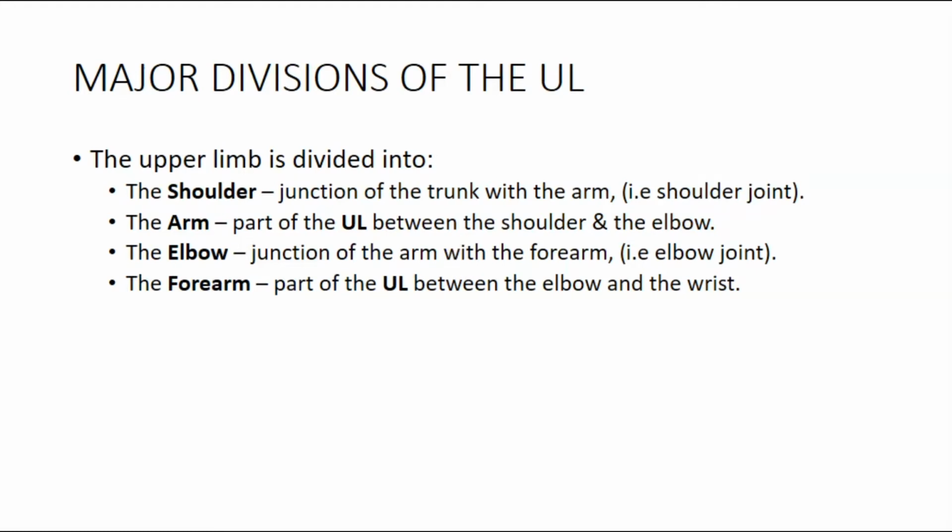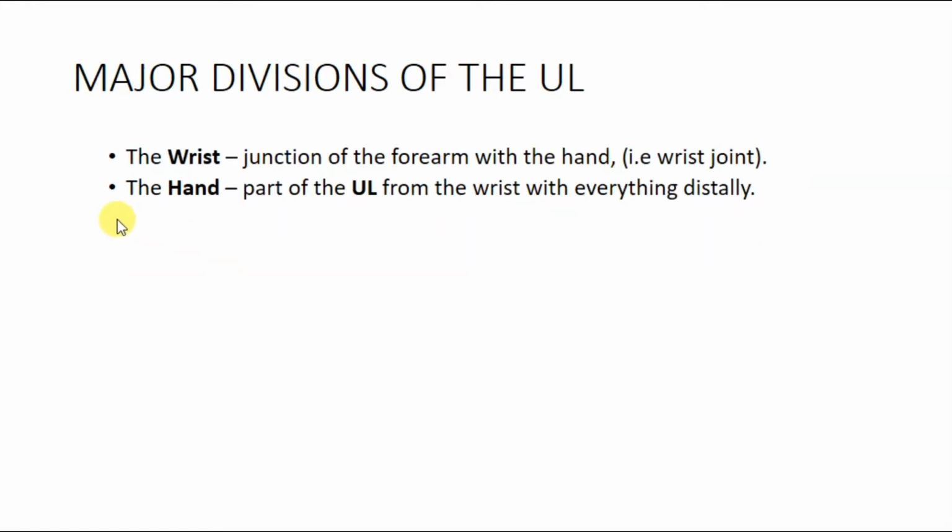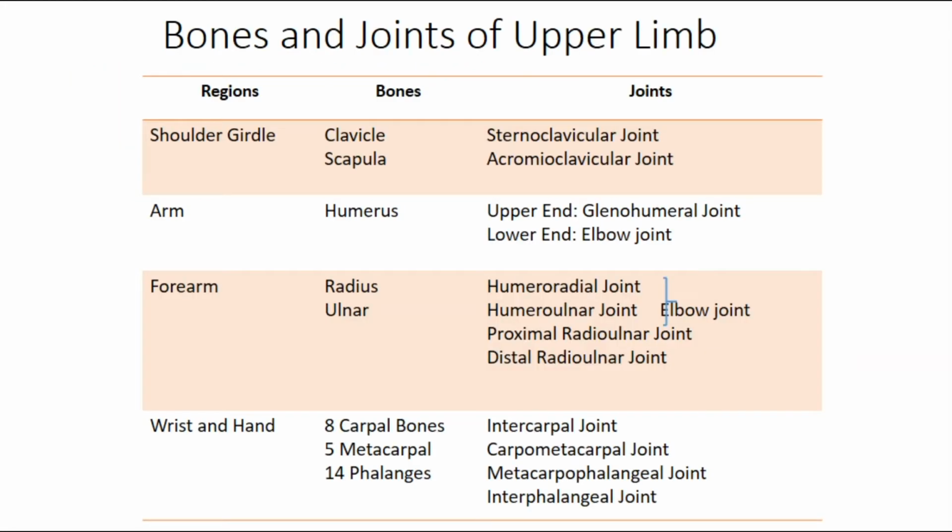And then we have the wrist, which is the junction of the forearm with the hand, sometimes called the wrist joint. And lastly we have the hand itself, which is the part of the upper limb from the wrist with everything distal, that means from the wrist until the end of the upper limb.